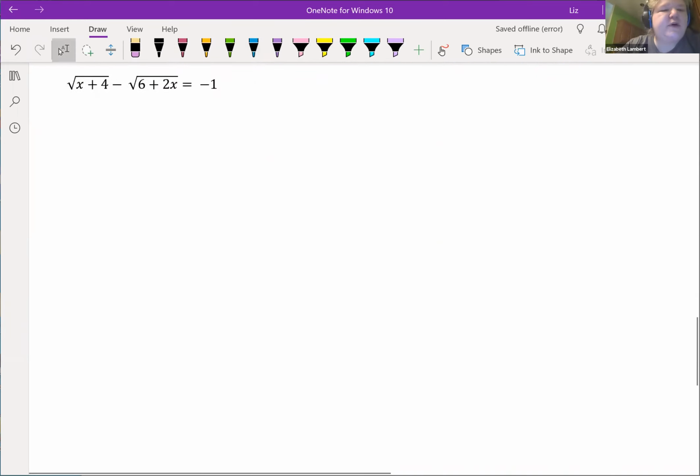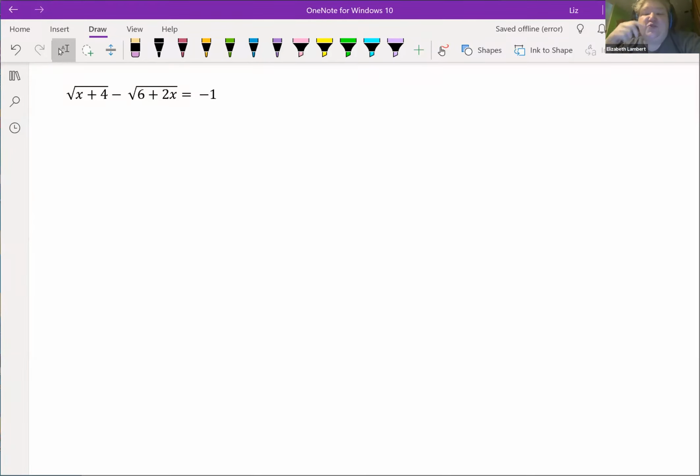It wasn't English's fault. Then we get something like this. Yuck. I'm going to have to raise this to an exponent twice because I have a radical, another radical, and it's not 0 on the other side. So I'm still going to show you how this works. So I'm going to take the negative radical and move it over so it's positive, just so I don't have to think too hard.